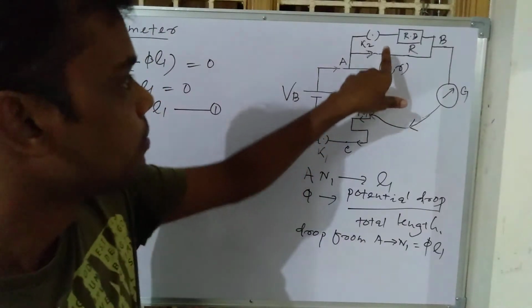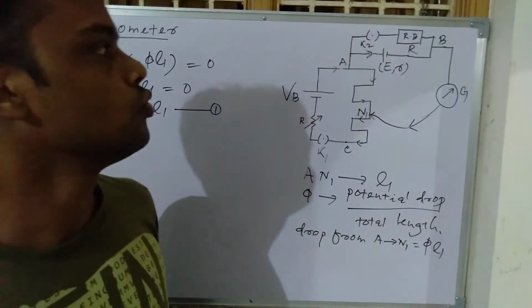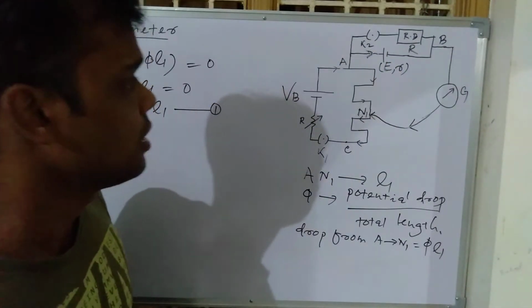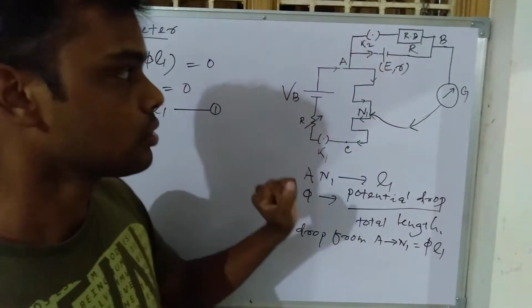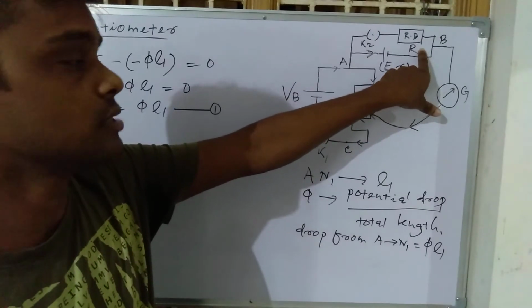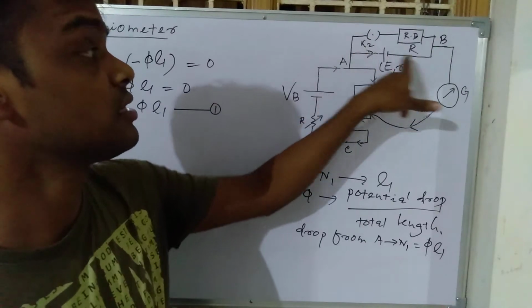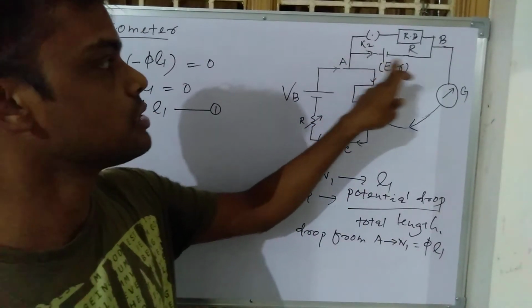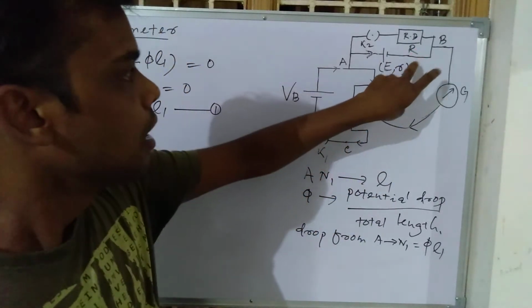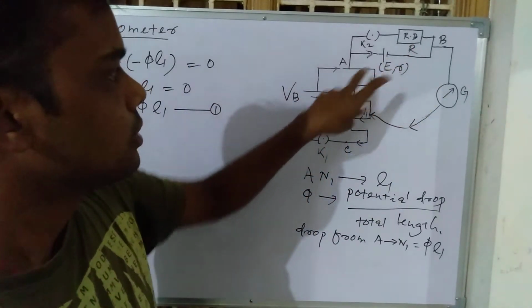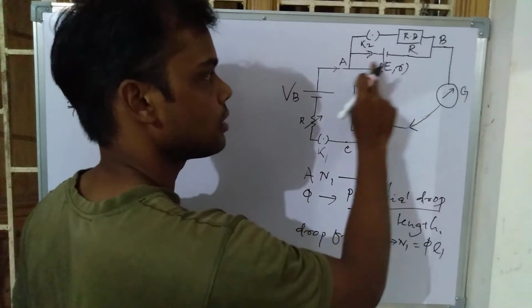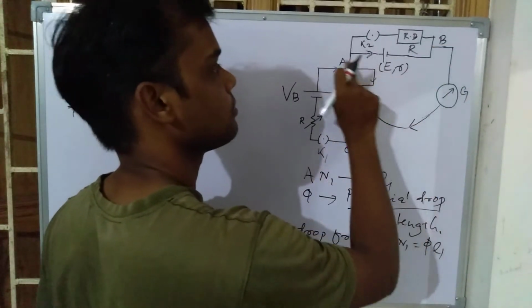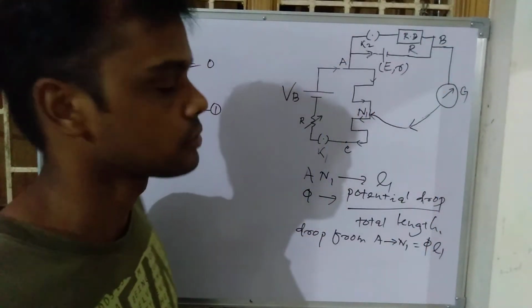Now make this switch K2 on. If you make switch K2 on, that means this resistor is now connected in this circuit. Current is already flowing here, and now it is also flowing through this path. That means these two paths are carrying currents.